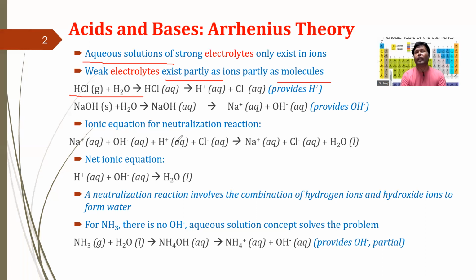Why do we call it neutralization? Because when we add acid and base together, acid has acidic property or acidity, and base has basicity, and both are at opposite ends from the neutral.